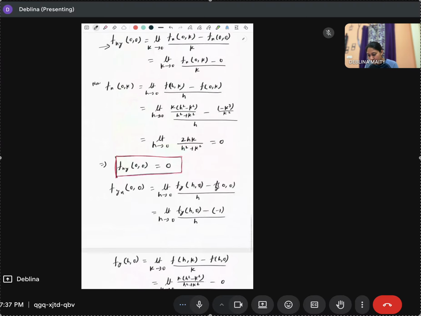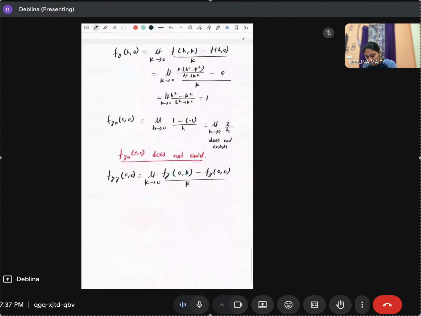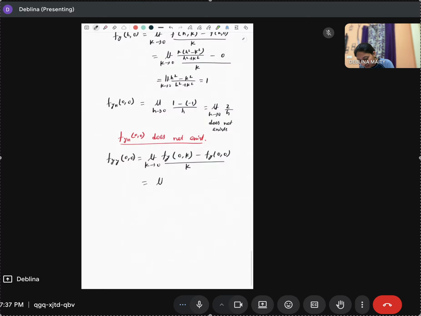f_y(0,0) is what? f_y(0,0) is minus 1, right? So f_y(0,0) is minus 1, this is divided by k.